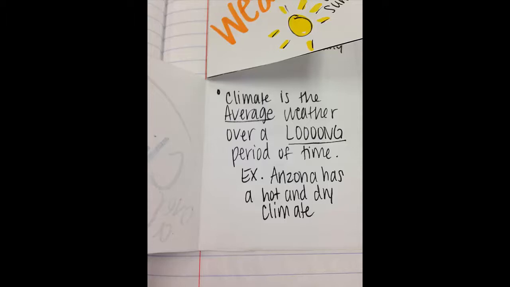For example, Arizona has a very hot and dry climate. So most often during the year, you can expect to go there and it not be raining and it be pretty hot. So go ahead and get your definition in for climate, and then you're going to watch a quick video and learn some really cool motions and gestures to help us remember those two words.